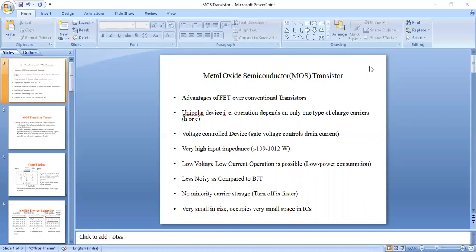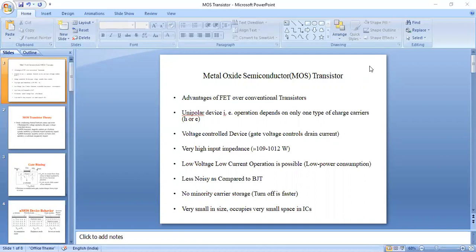The voltage we feed to the gate terminal controls the drain current. The drain current is known as the channel current. The channel is created between the source and drain. So the channel current is controlled by the gate voltage, and this device is known as a voltage control device.